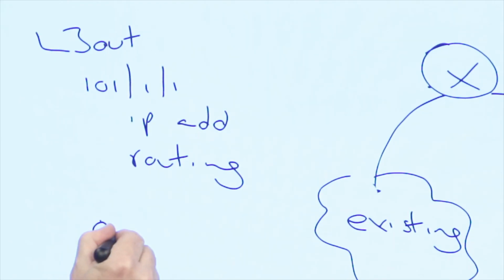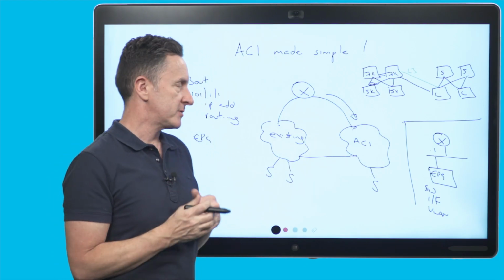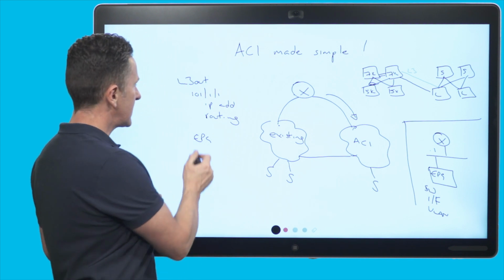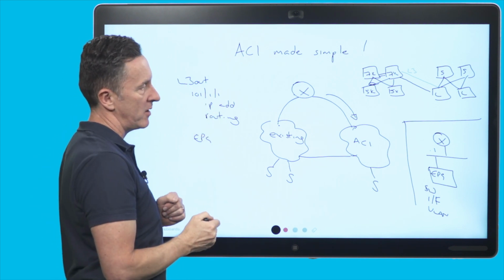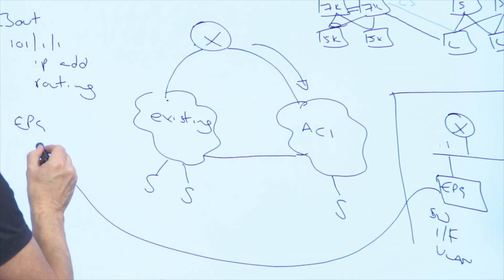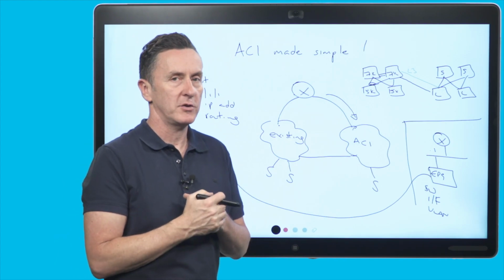So we have an EPG that sits just here. As I've discussed previously with EPGs and contracts, to allow the communication to the external network, I simply need to take my source EPG and connect that to here, and that's it. I've then got connectivity to my external world.